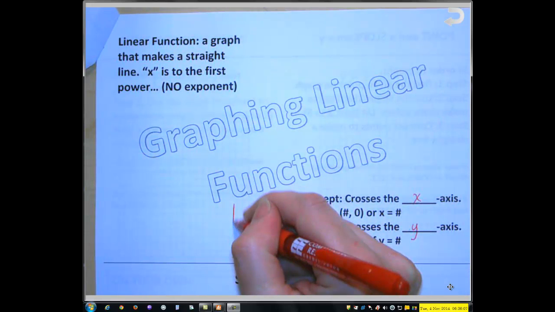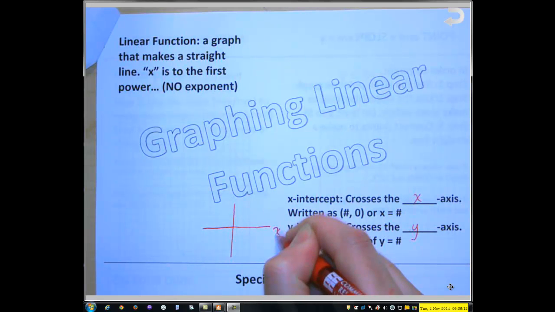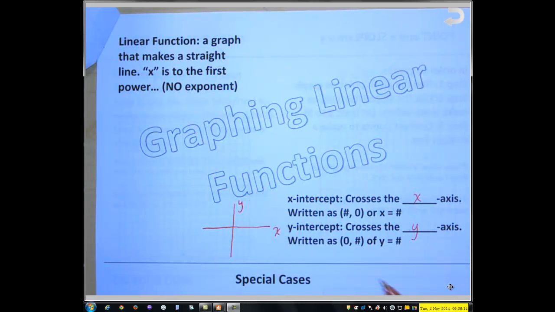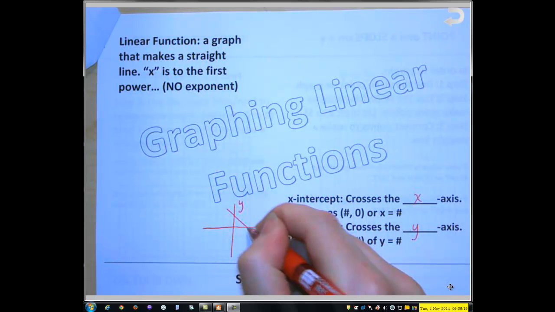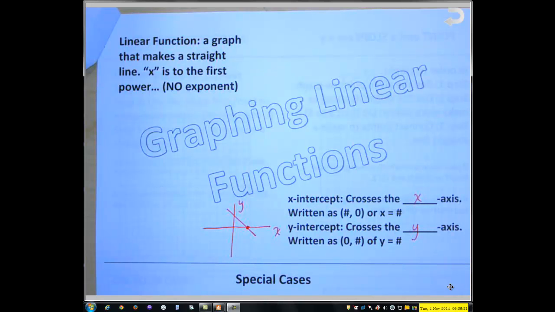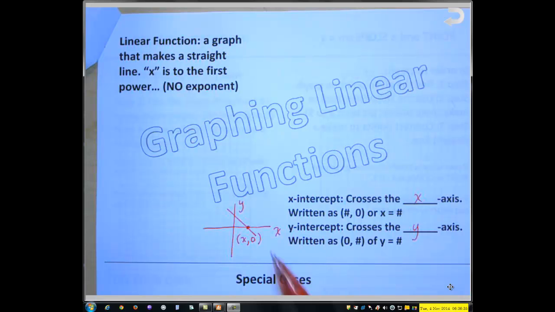Let me give you a little visual of this over here. Here's our x-axis and our y-axis. If we have this line, the x-intercept is this point here where the graph crosses the x-axis. And the coordinates of this point are going to be the x-coordinate and 0 for the y-coordinate. So the y-coordinate of the x-intercept is always 0.